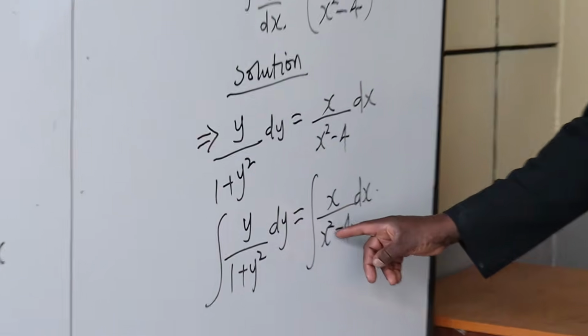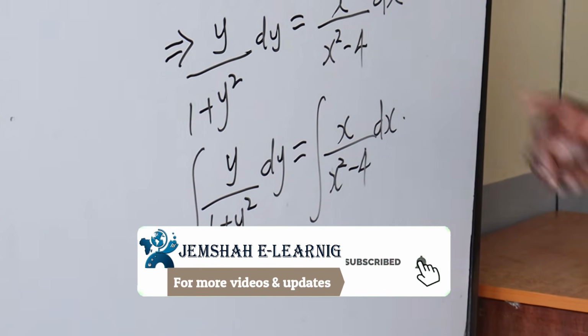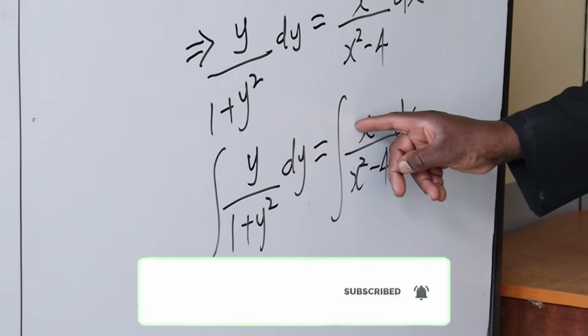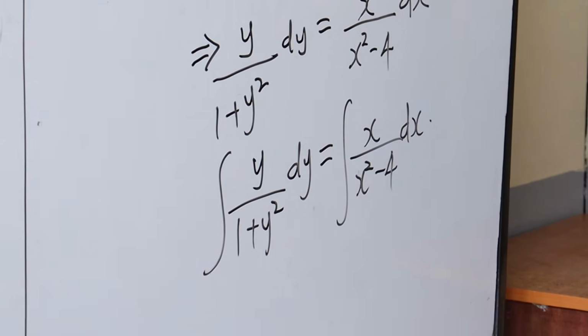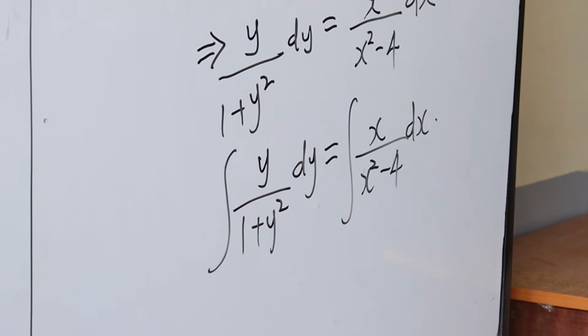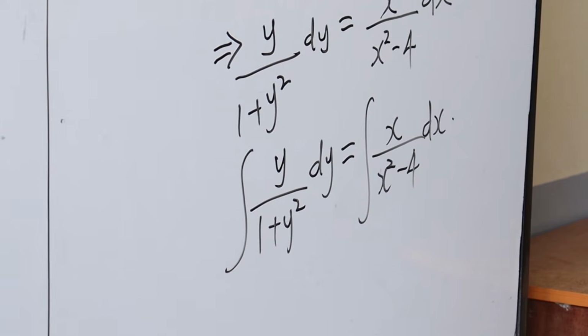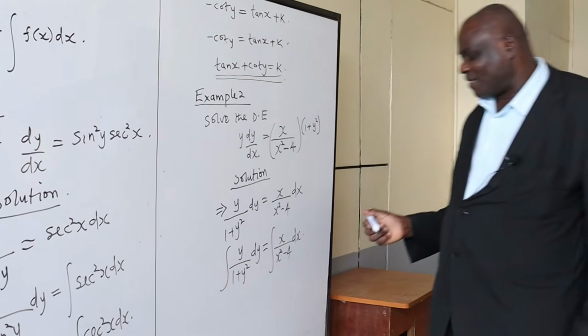Also this one, we have x all over x squared minus 4. The derivative of x squared minus 4 is 2x. So if we have 2x here, we can solve it easily, and adding a constant is normally allowed because if you multiply by a constant, then you can take it away by dividing by the same constant.